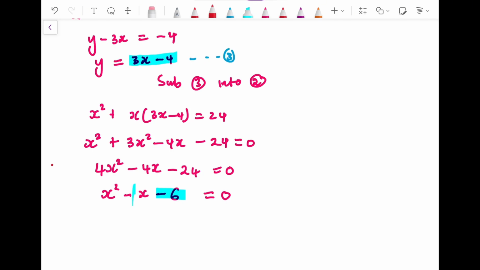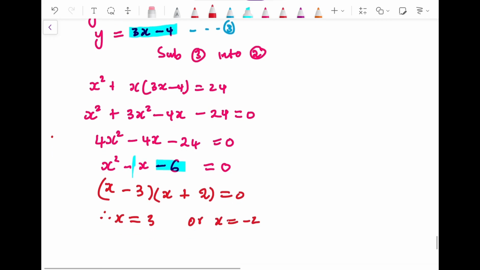It will be 3 and 2. 6 is negative, so the signs are different. So the bigger number will correspond with the middle term. So this is minus, this is plus. So therefore, our x is equal to positive 3, or our x is equal to negative 2.